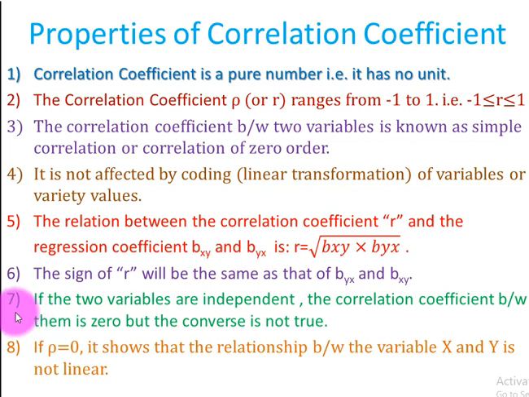here's the seventh property of the correlation coefficient: if the two variables are independent, the correlation coefficient between them is 0, but the converse is not true. If the two variables x and y are independent, then the coefficient of correlation will be 0, but the converse is not true. What is meant by this?